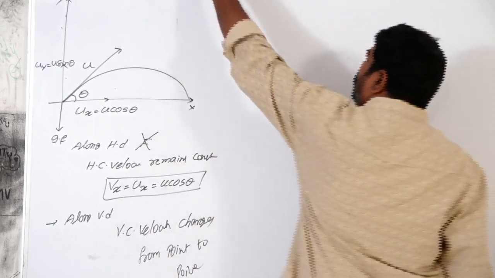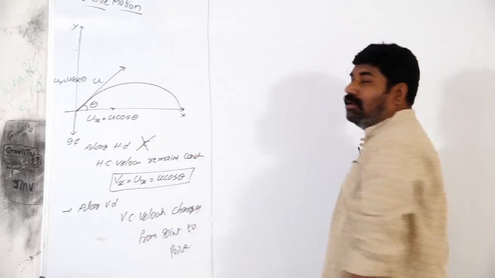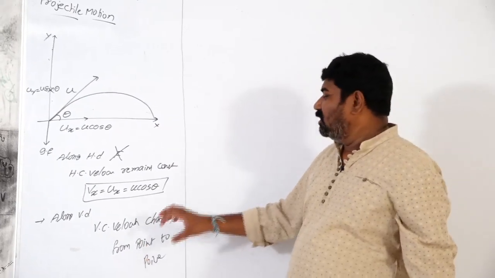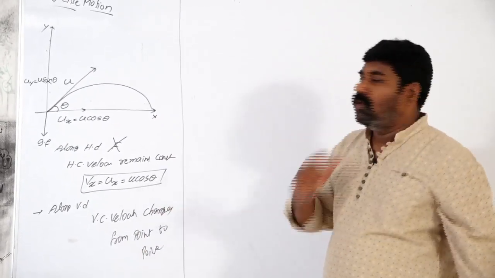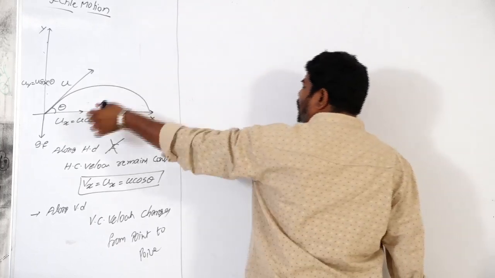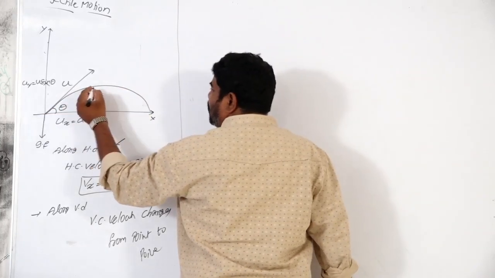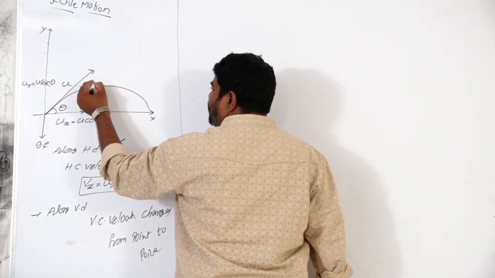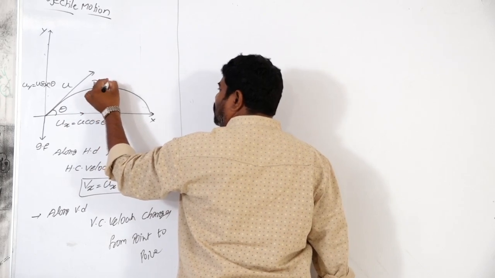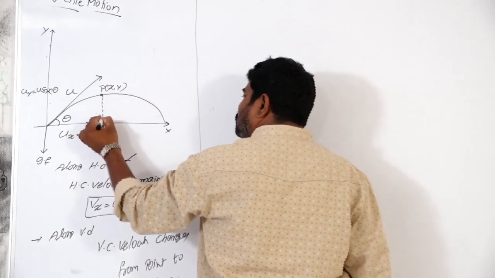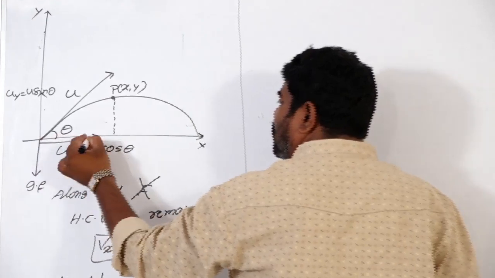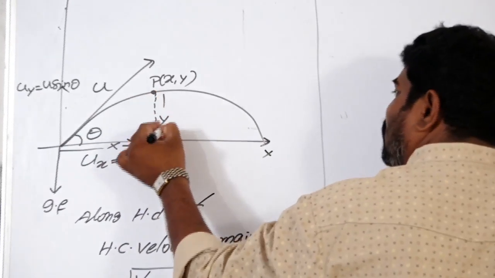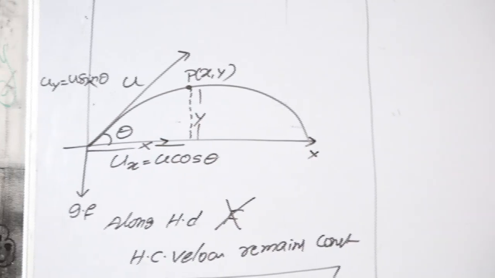Here the horizontal component of velocity remains constant, but the vertical component of velocity changes from point to point. Let us consider that the projectile reached point P of x, y after t seconds. That means the horizontal distance travelled is x and the vertical distance travelled is y.